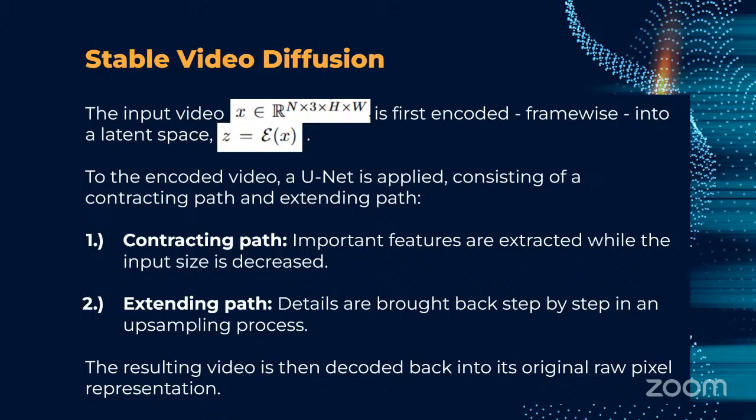And then when the minimum size of the video is achieved, one continues with the extending path, where we kind of go backwards again, because from then on the size of the video is gradually increased, and during this process, the details of the video are brought back. After this whole procedure, the resulting video then just needs to be decoded back from its latent space representation into its original raw pixel representation. And the result from this will then be the final output of the model.